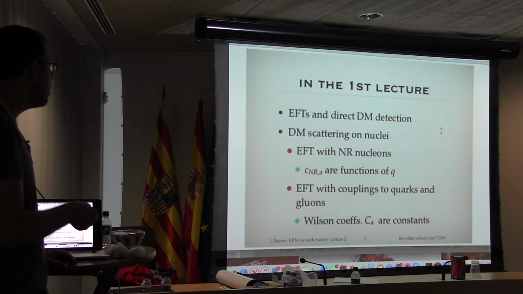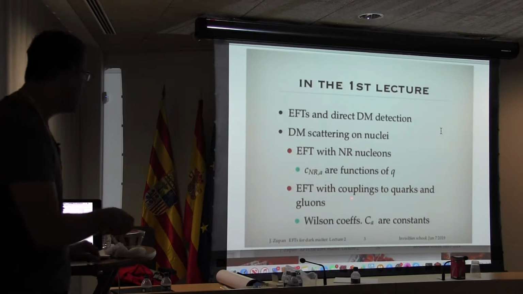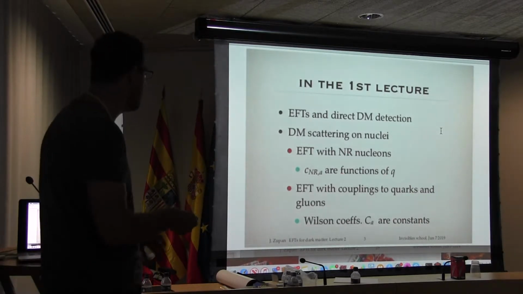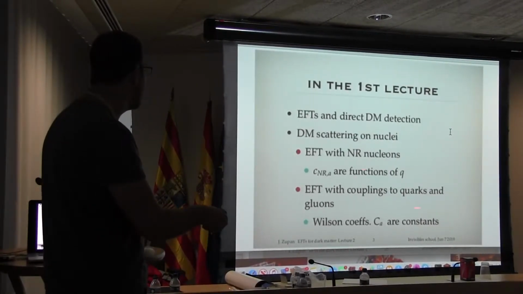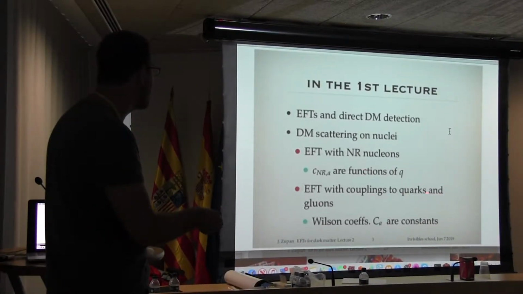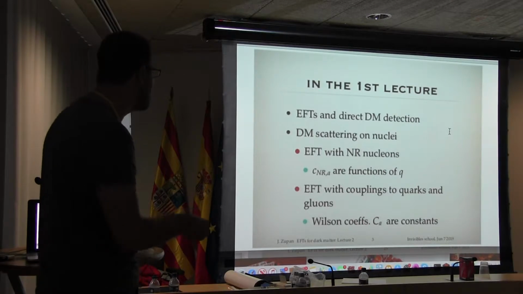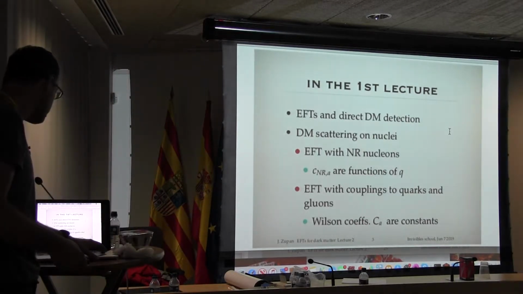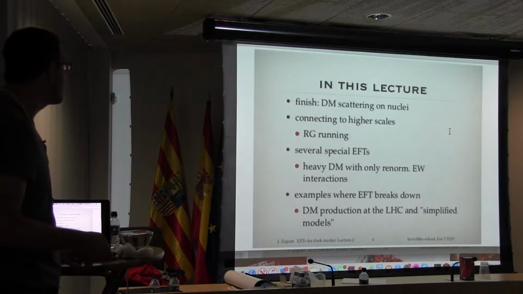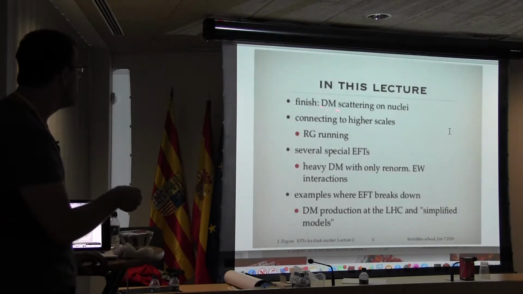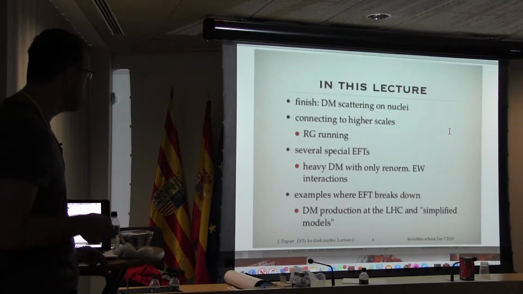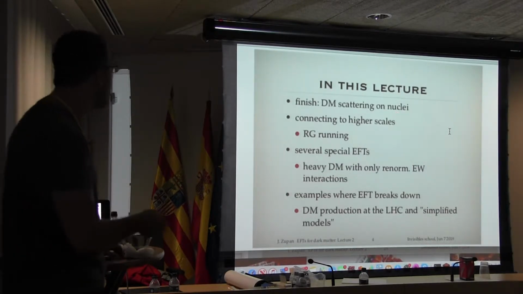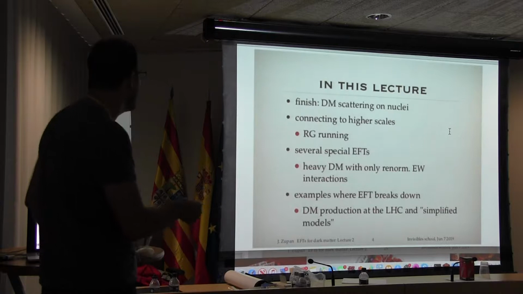We had two EFTs, two versions: one with nucleons, where the coefficients were functions of the momenta that flow through the interaction, and another version with couplings to quarks and gluons, where these Wilson coefficients are constants. Now what we need to do today is finish dark matter scattering on nuclei. This will take us maybe up to half an hour.